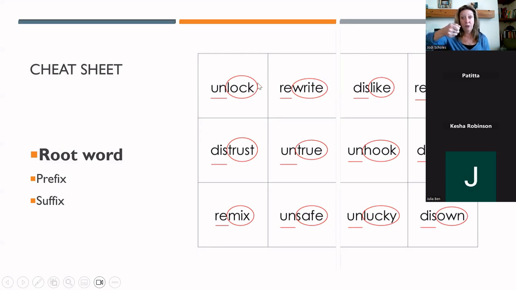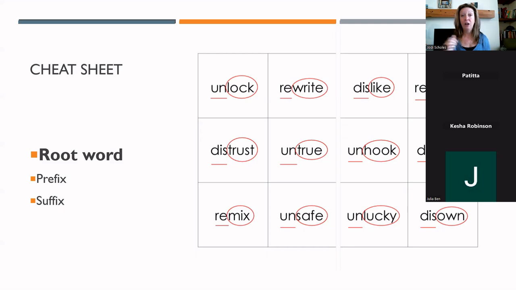You're going to lock the door, and then you're going to put a prefix, like pre-race, pre-op. Pre, it comes before, right? So we're going to put letters before the root word that sometimes can change the meaning.